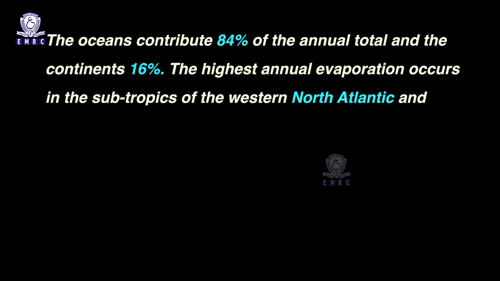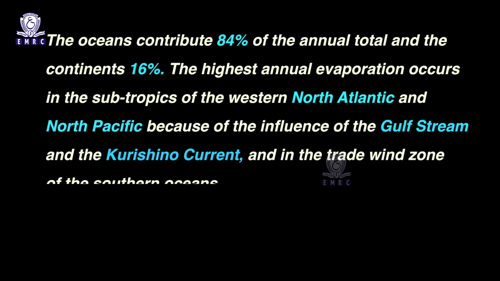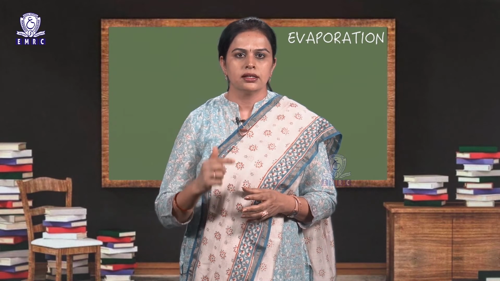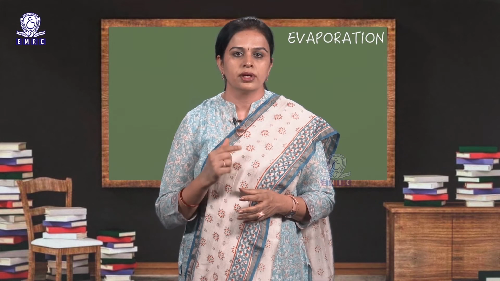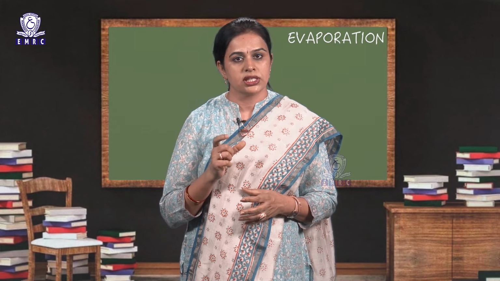The highest annual evaporation occurs in the subtropics of the western North Atlantic and North Pacific because of the influence of the Gulf Stream and the Kuroshio current, and in the trade winds zone of the southern oceans. The land maximum occurs in equatorial regions because of high insolation and luxuriant vegetation.